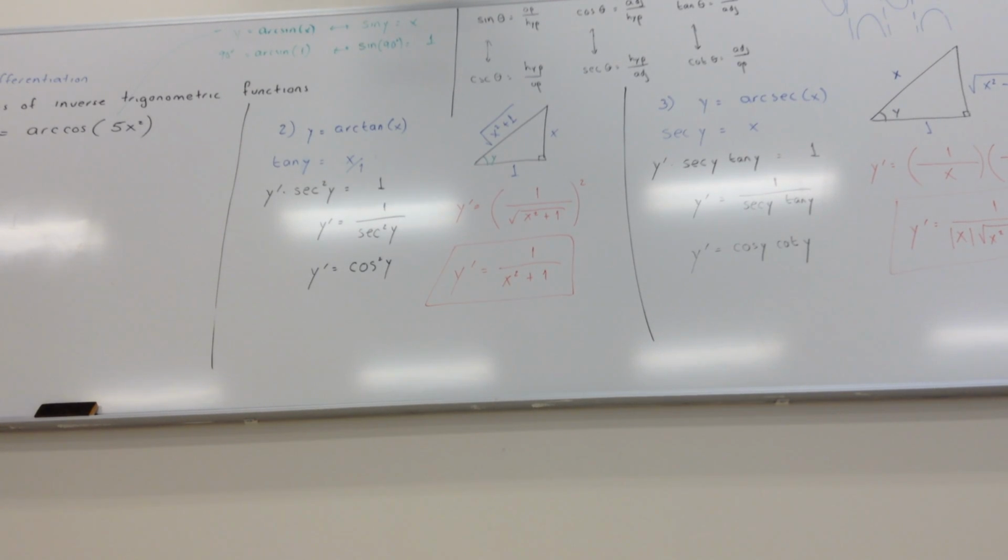So in this case, for example, you change this into cosine of y equal to 5x squared. And then the derivative. Cosine of y derivative? Equal to 10x. Yes. Now, by dividing, y prime equal to 10x divided by minus sine of y.